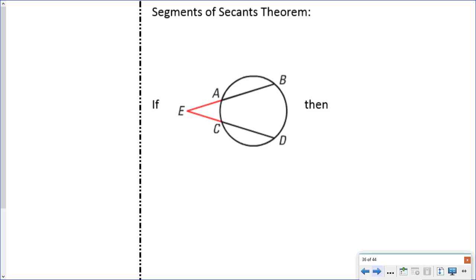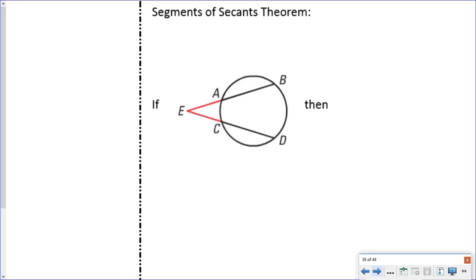Okay. All right, the next one is what we call the segments of secants theorem, because you got some segments inside your secants. So notice that EB and ED, those segments are secants because they intersect the circle, and part of that secant is outside the circle. So that's why it's a secant, not just called a chord, because E is outside.